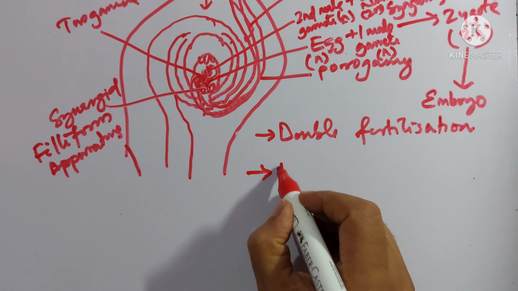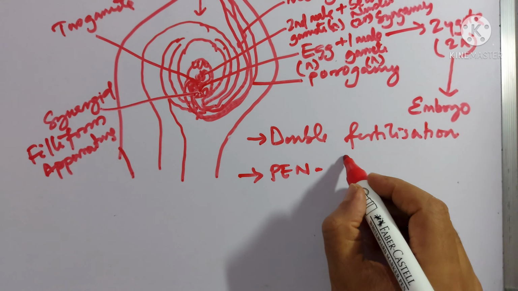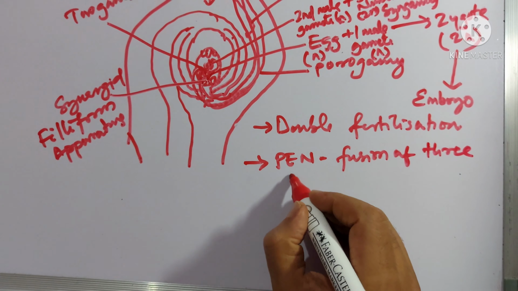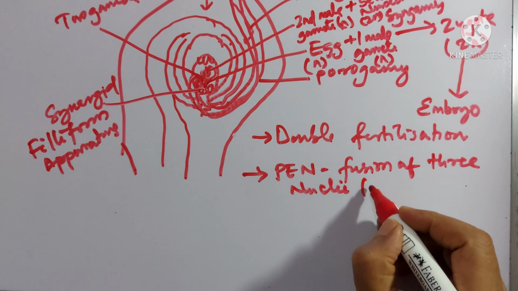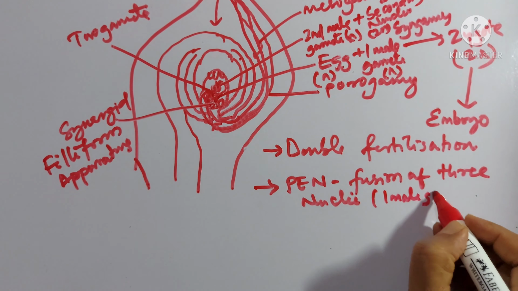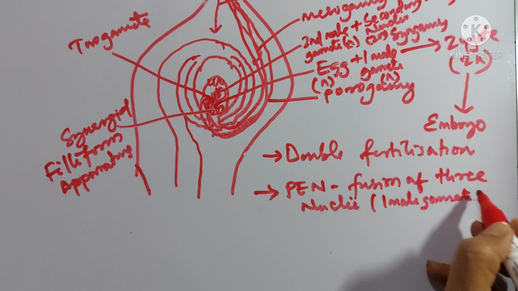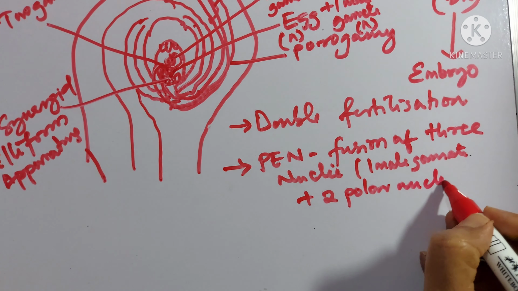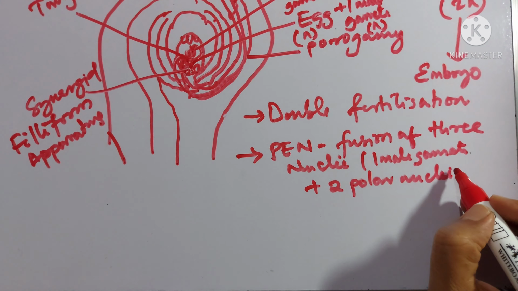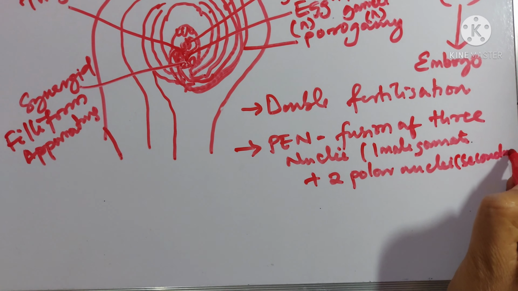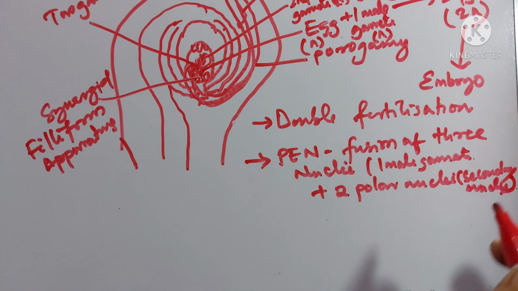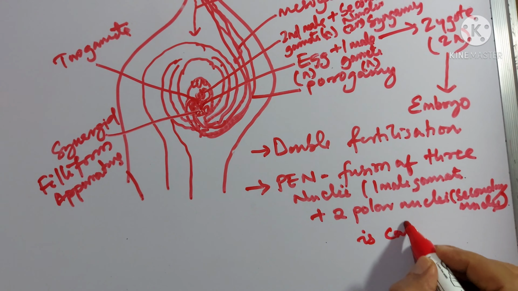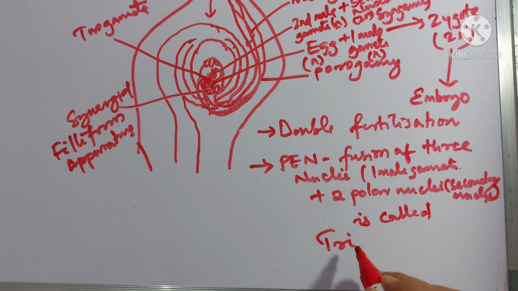And the PEN which is produced due to fusion of three nuclei, that is one male gamete plus two polar nuclei, which after fusion are named the secondary nucleus, is called the triple fusion process.